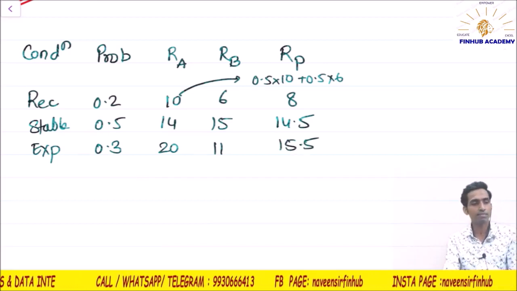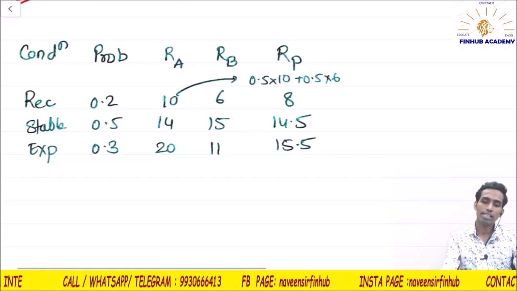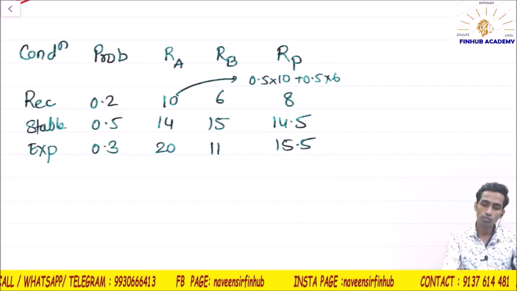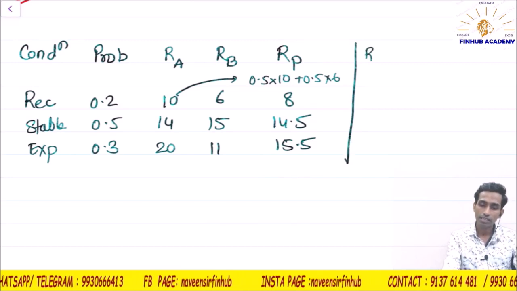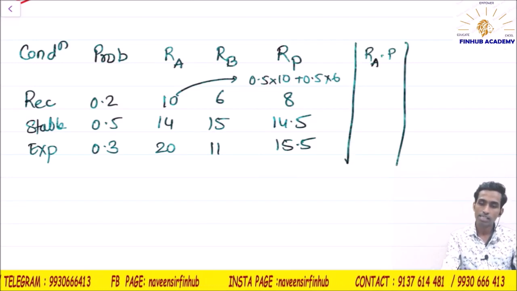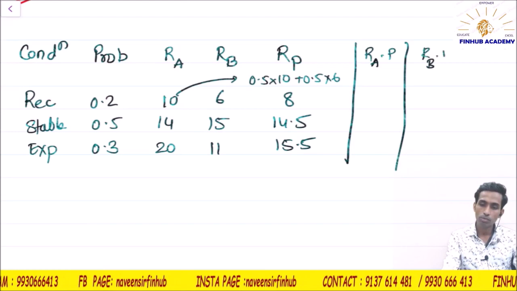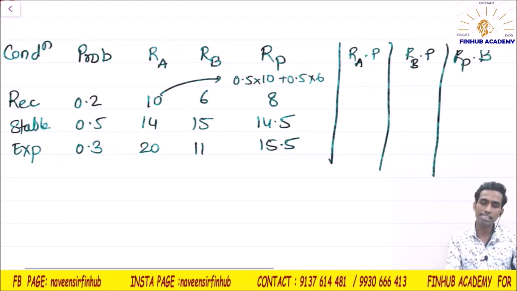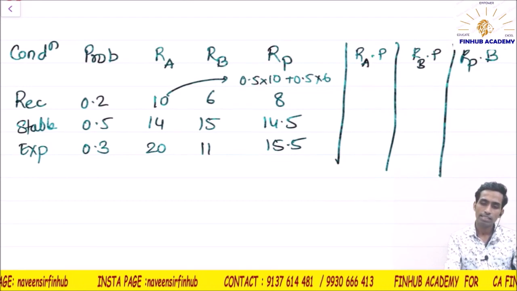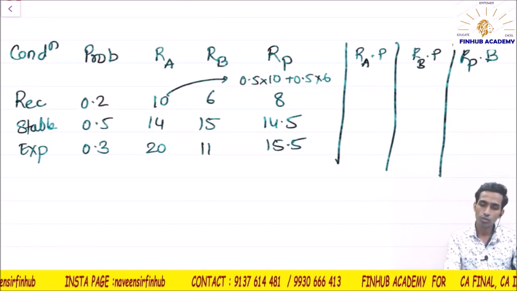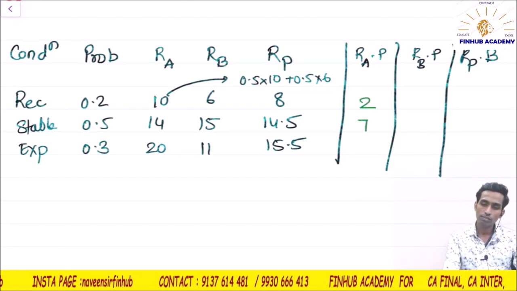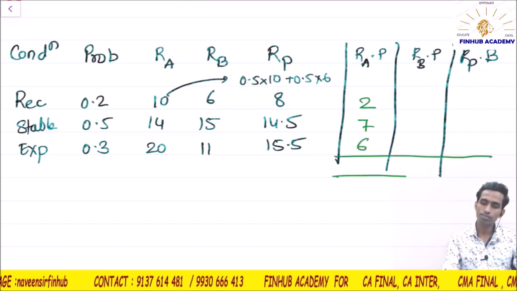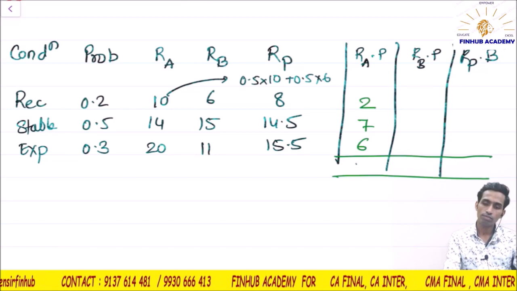Is this clear? Now, can I calculate expected return of A? So the first column would be RA multiplied by probability, RB multiplied by probability, RP multiplied by what? Probability. Easy. 10 into 0.2 is 2, 14 into 0.5 is 7, 20 into 0.3 is 6, so the total comes to 15.